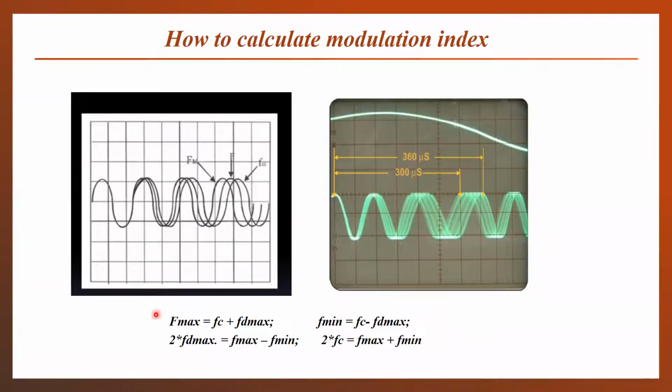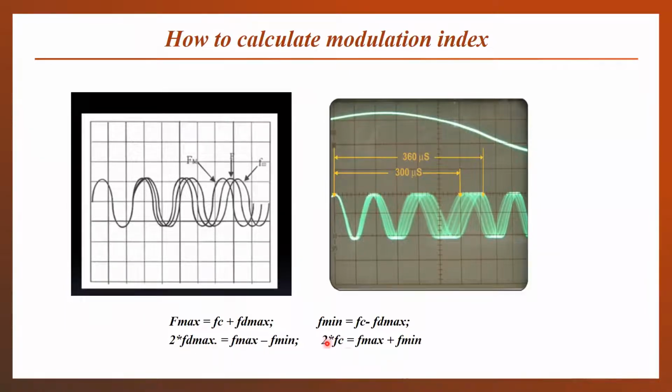You have learned that F maximum, the maximum frequency of the modulated signal, will be the carrier frequency plus the maximum deviation in the carrier frequency. And the minimum frequency of the FM signal is the maximum deviation subtracted from the carrier frequency. From these two formulas, we can calculate that the maximum frequency deviation is (F maximum minus F minimum) divided by 2.